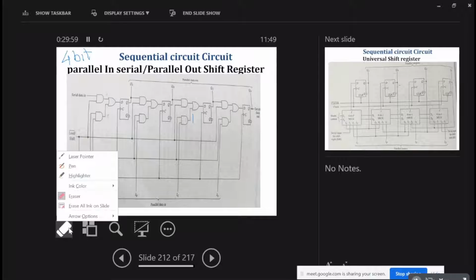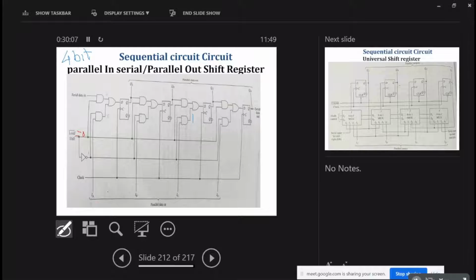Whenever the load shift value is 0, all the inputs we can provide in parallel inside this 4-bit register. Whenever the clock pulse arrives, immediately at this point we will get the input values at the outputs.